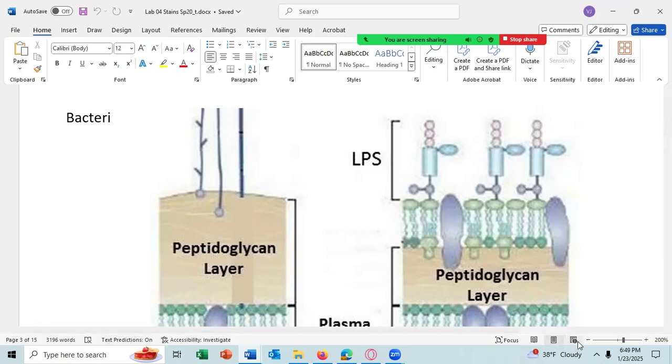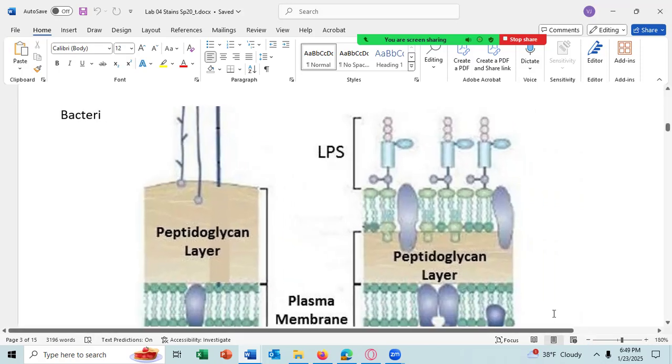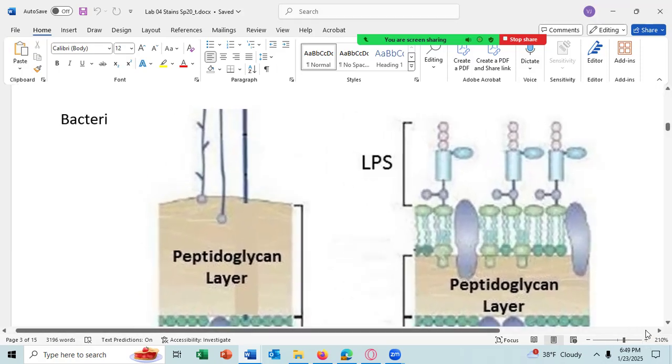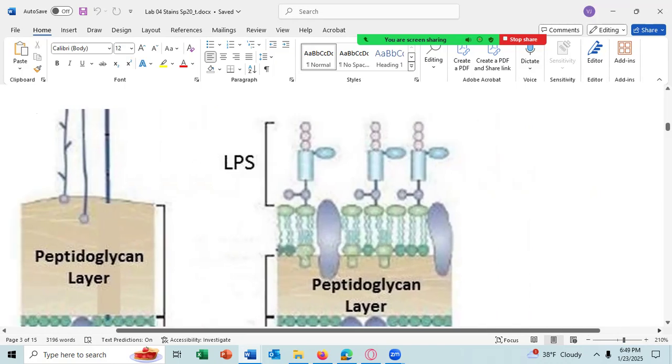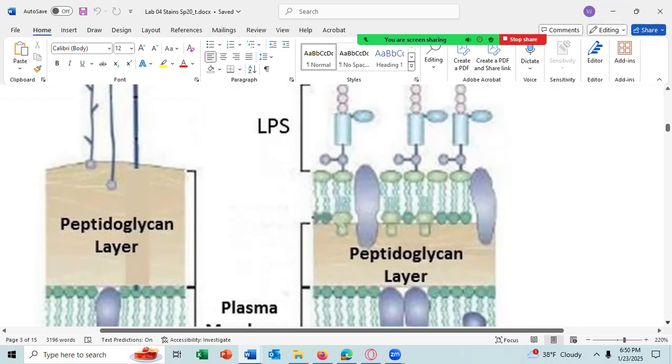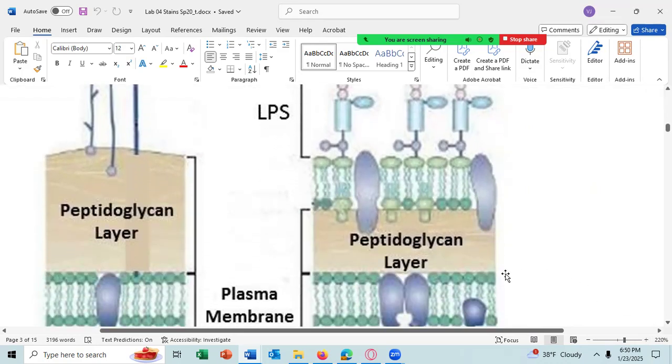The gram-negative cell, on the other hand, has a much thinner layer of peptidoglycan. Let me blow that up a little bit. There's a layer, there's a layer, there's a layer, and one or two layers on top.